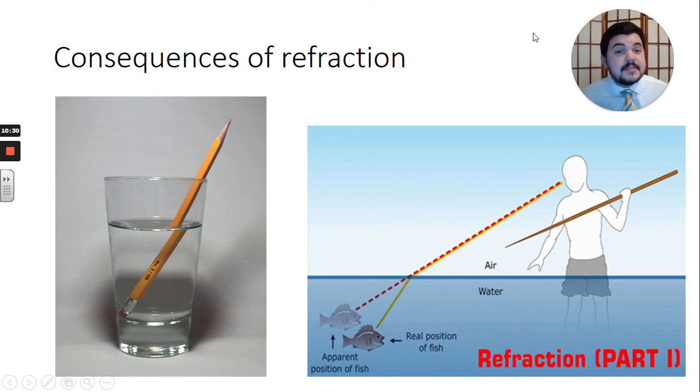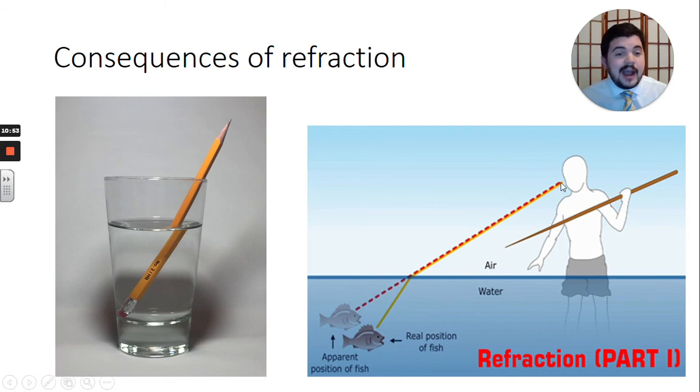If you are ever going spearfishing, which I doubt many of you do, but it's kind of cool, one thing you need to look out for is this refraction effect. So if you have a fish down here, the light entering your eyes is going to refract when it gets back into the air. And then our brains aren't able to determine that there was a bend in that light.